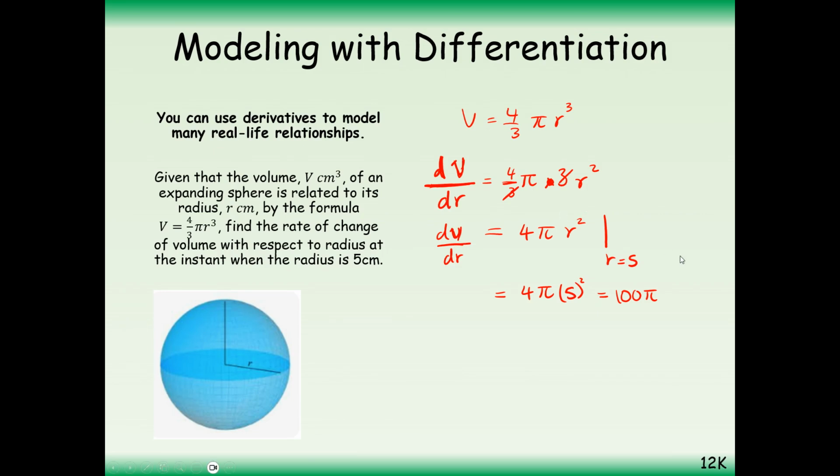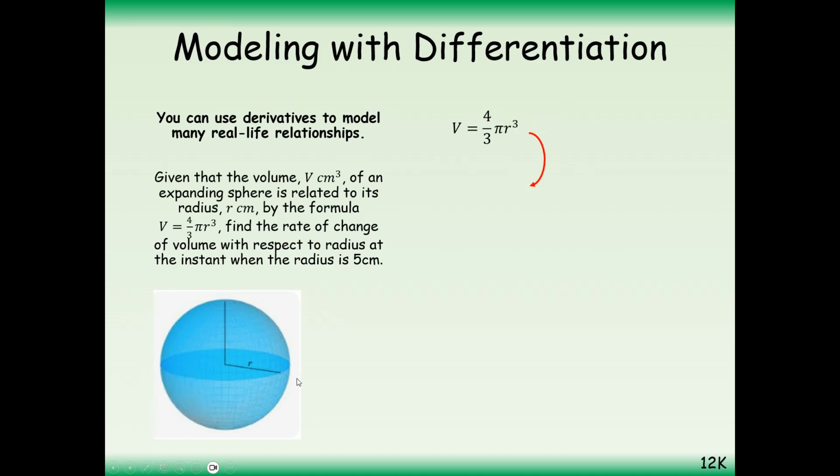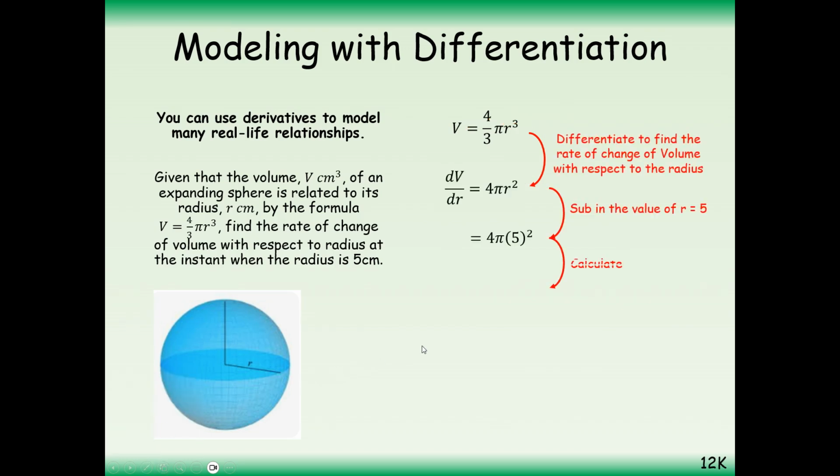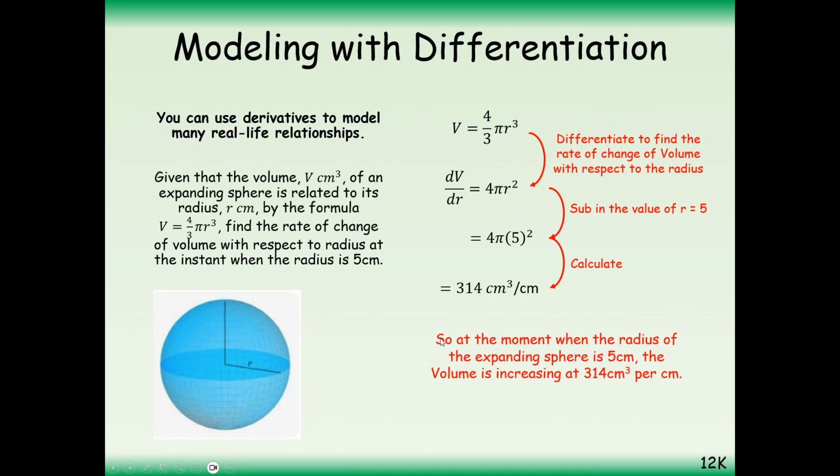So let's look at another example where we have some things that are really crucial to find. Sorry, actually 100 times pi is 314.